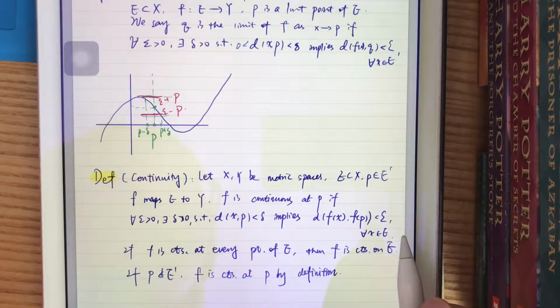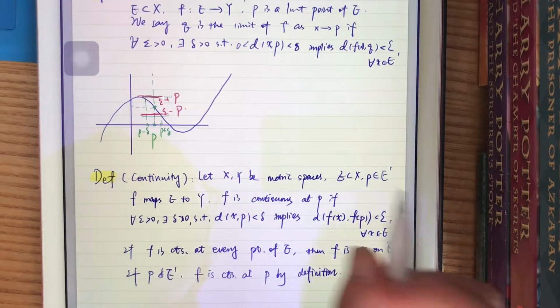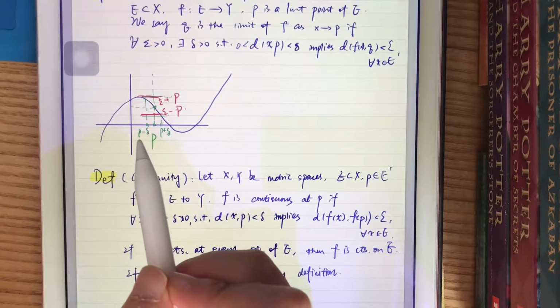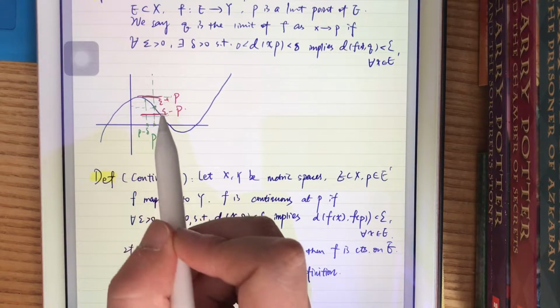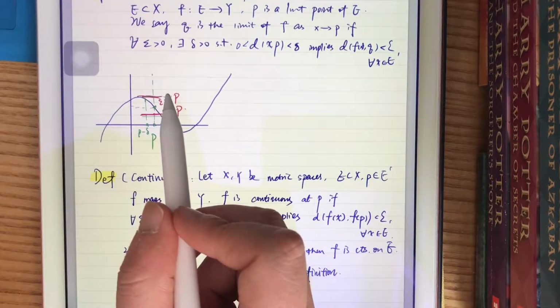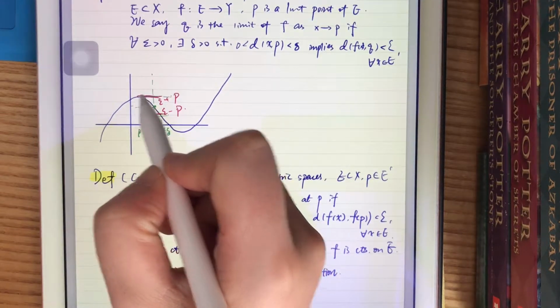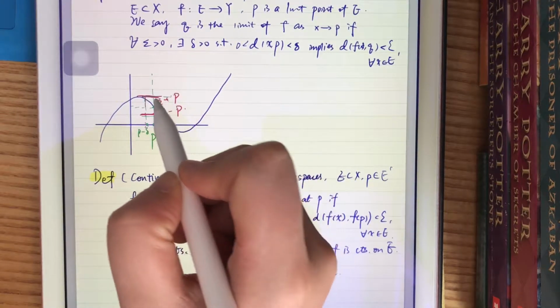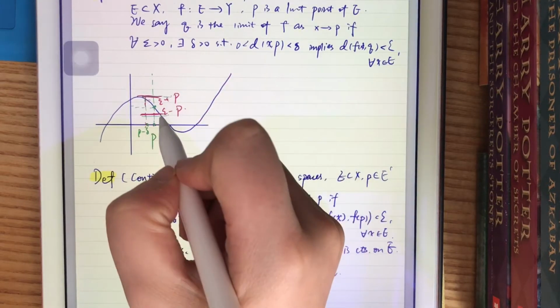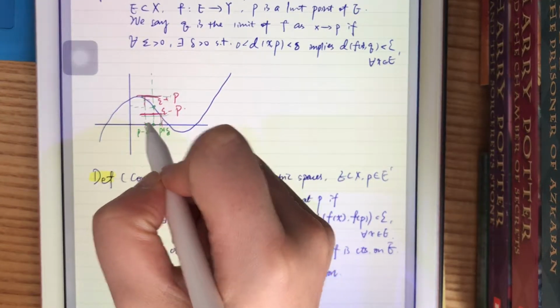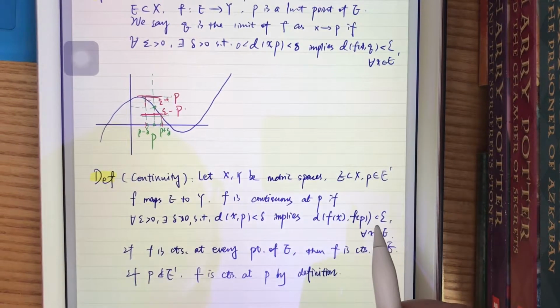Okay, and now you are choosing such an interval, right? And for this interval, you can find such a delta, right? Because, well, for epsilon plus, you may find this interval and this one. Okay, so now you find the interval P minus delta to P plus delta, right?